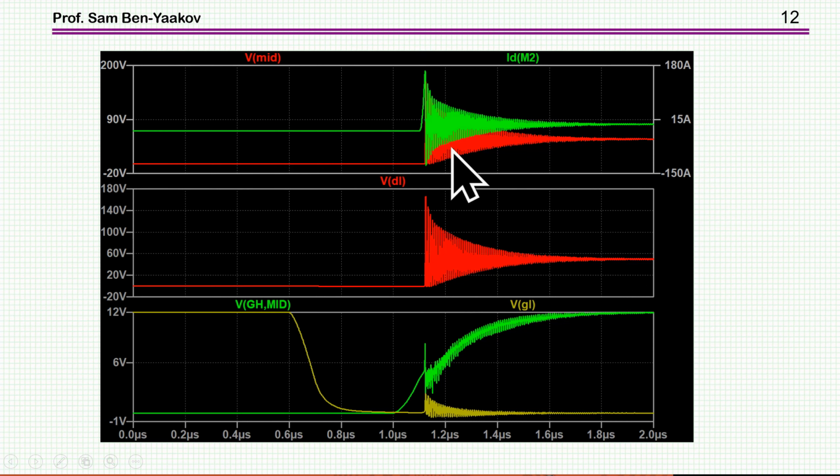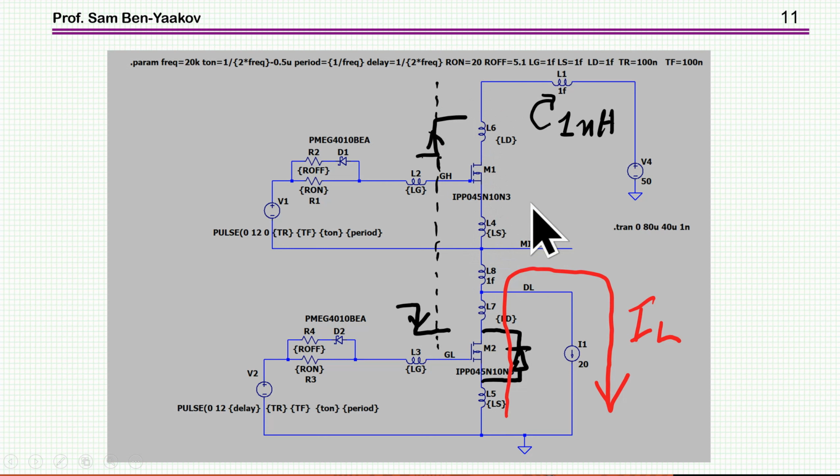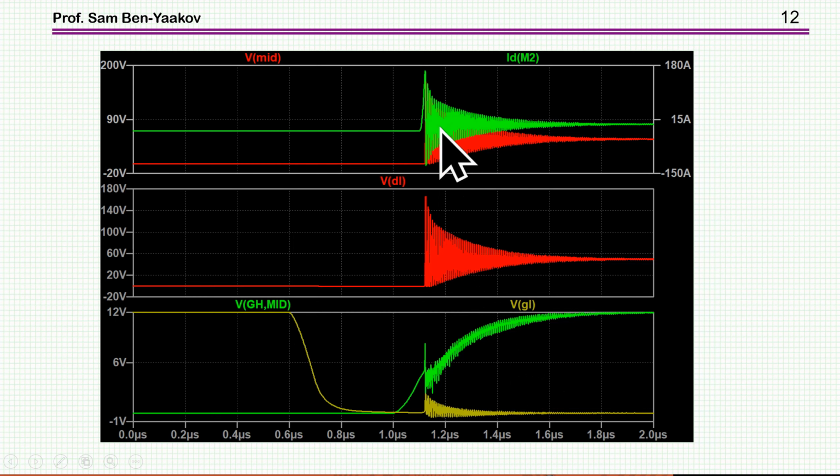And the reason for this oscillation is that as we have the current passing here, charging this inductance, then due to the interaction of this inductance with the capacitances in the circuit, you're going to have a resonant circuit. And this is the effect of the resonant circuit. You see that it causes quite a bit of disturbance.